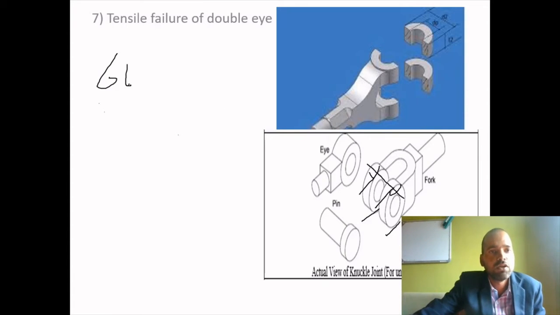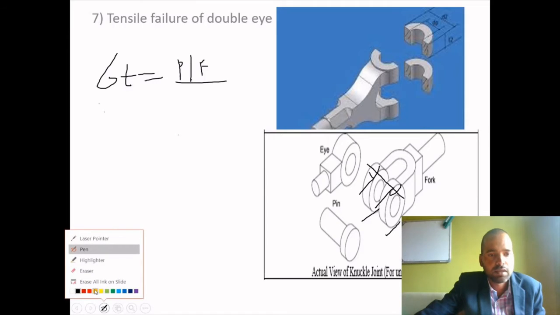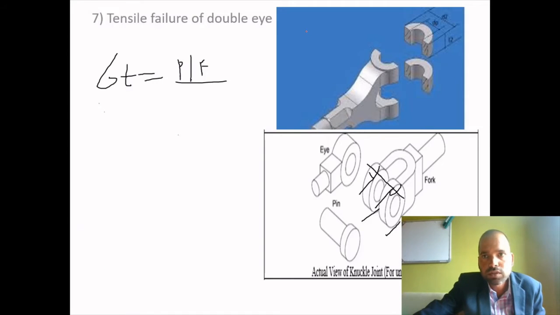So tensile stress will be equal to applied force divided by area. Now what is the area? If you see this cross section, I will draw it again here with a different color. If I take this cross section, it is nothing but a rectangular cross section. At the center there is the diameter of the pin.